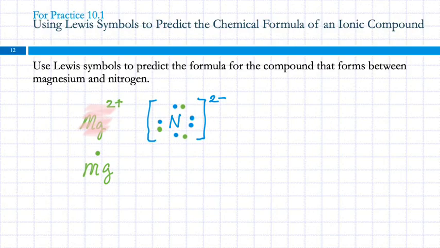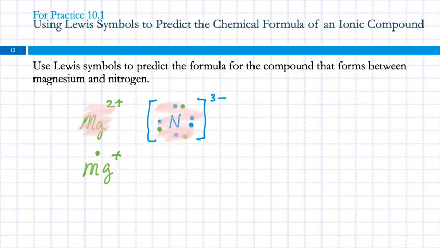And now this magnesium has a +1 charge. And the nitrogen has a 3 minus charge, right? Is the nitrogen happy? Got 8 valence electrons. Yay, pink happy. Is magnesium happy? Nope. Dang.